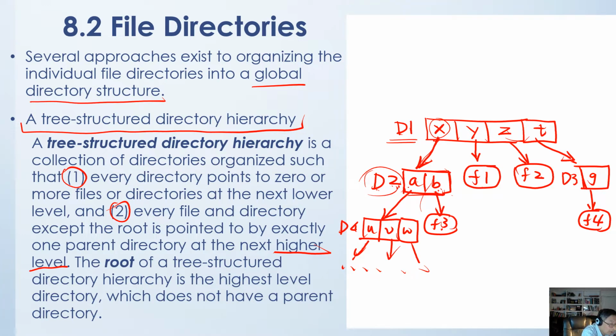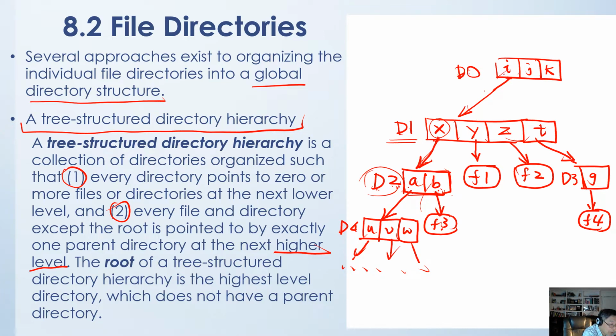Now, what about D1? D1 could have a parent directory. In this case, it's pointed to by, let's say, D0. D0 may point to three files, let's say I, J, K. So the file name is I, so D1 has the ASCII file name I, and it's pointed to by D0.